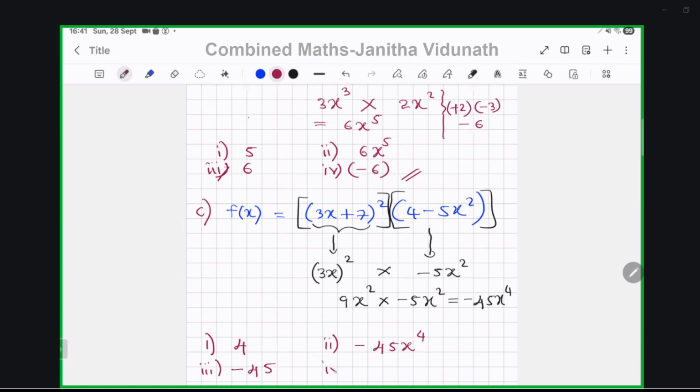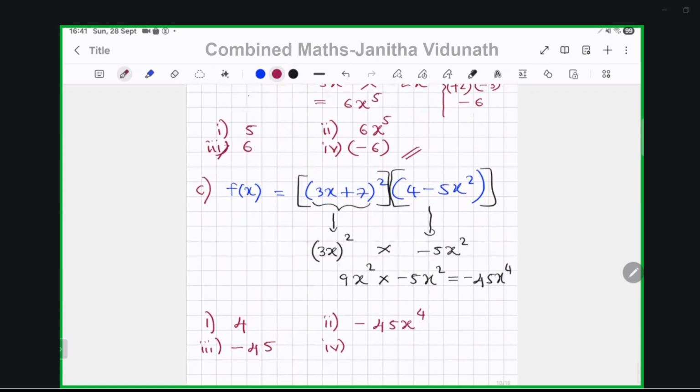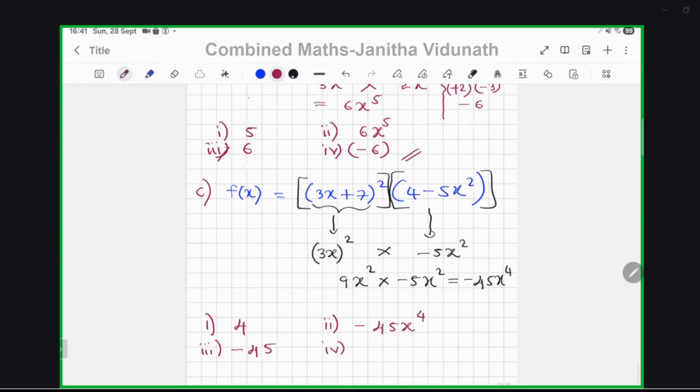Now we need to identify the constant term. Like the previous question, the constant term is obtained by multiplying the constants of each bracket. In the first bracket, the constant term is 7, and the whole bracket has a square, so 7 should also be squared.